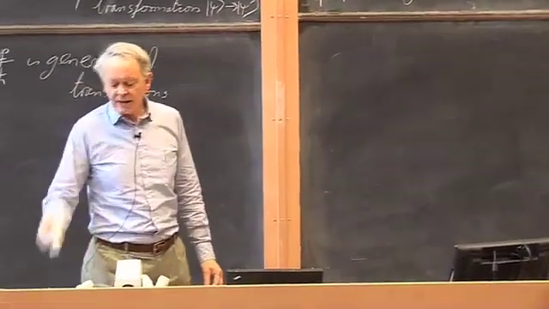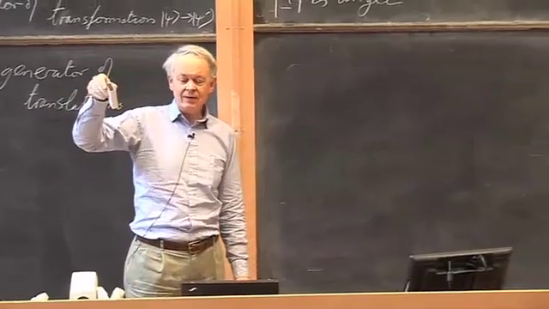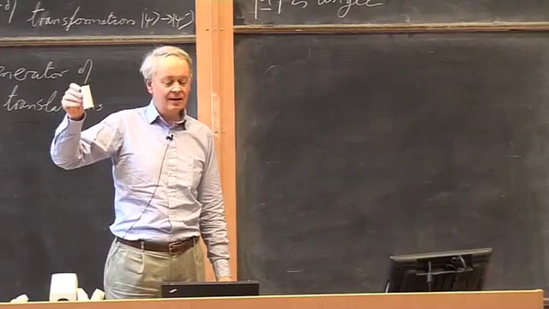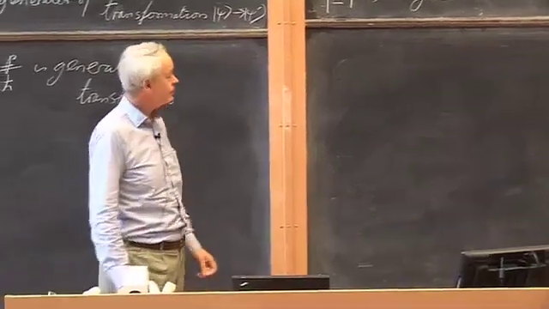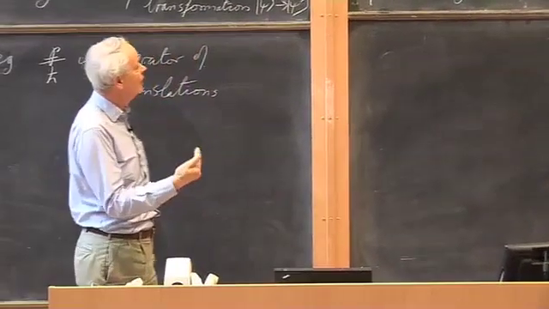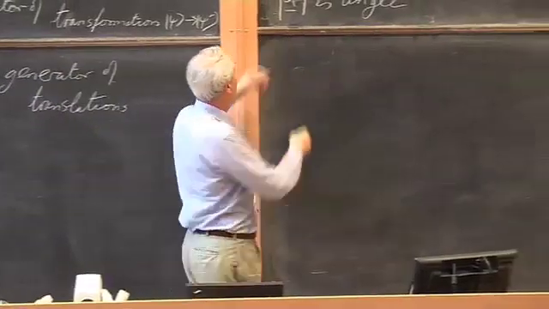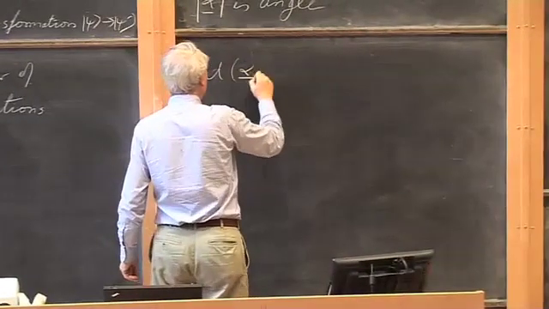And so there must be a state of the system which differs from my previous state only in being rotated. And this state must be reachable by some unitary operator, u of alpha.